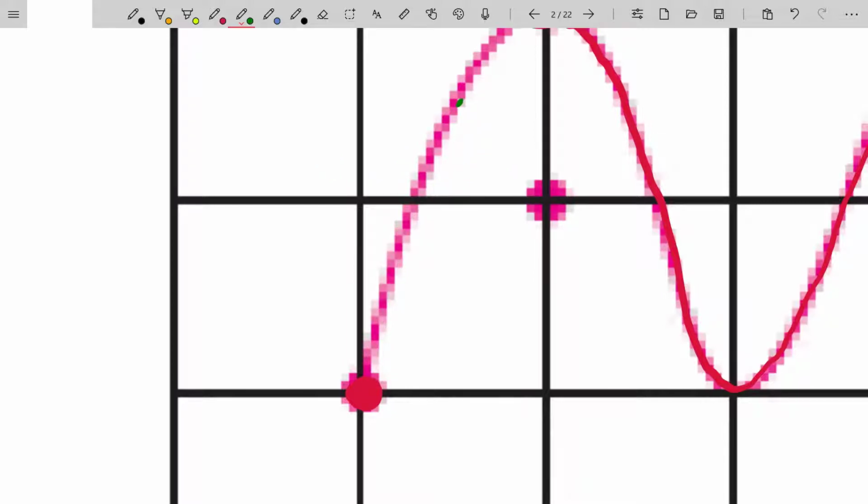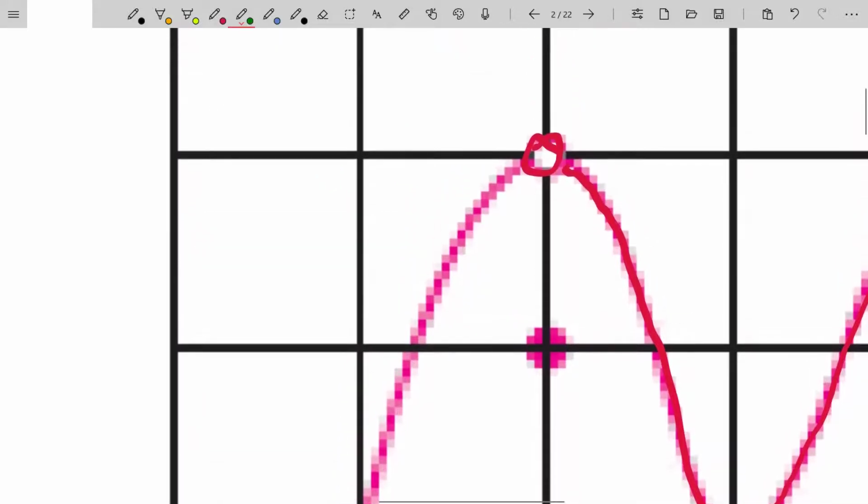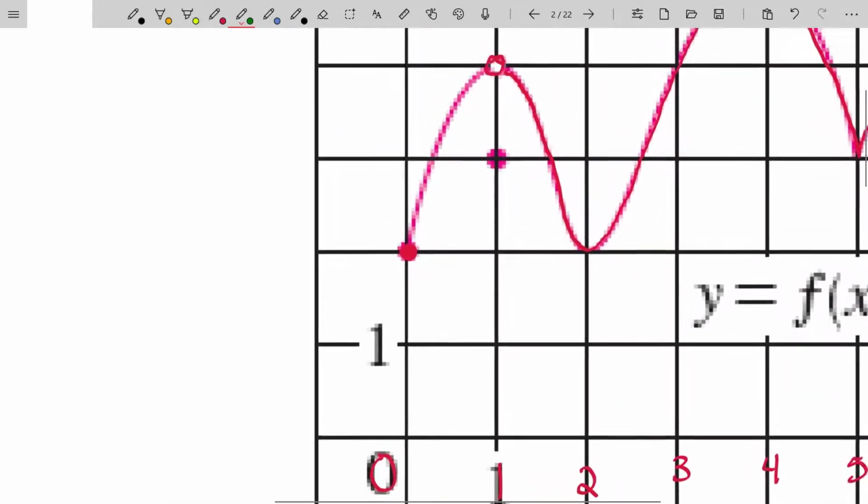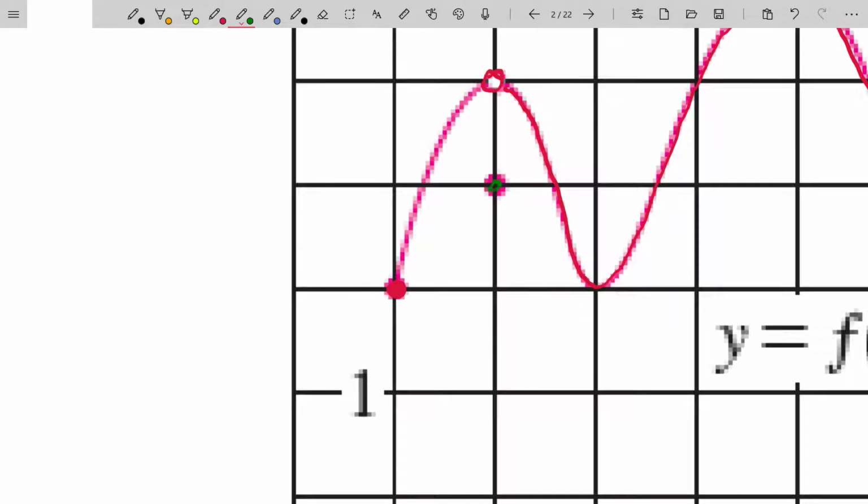Now, if I move on and look at x equals 1, the function value is actually right here. If I look to the left, all my y values are above me. If I look to my right, all my y values are above me. Notice how I'm personalizing this by saying above me, below me.